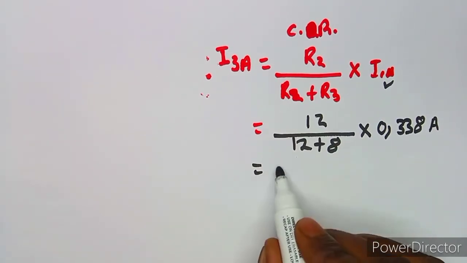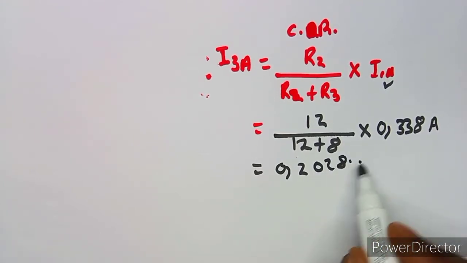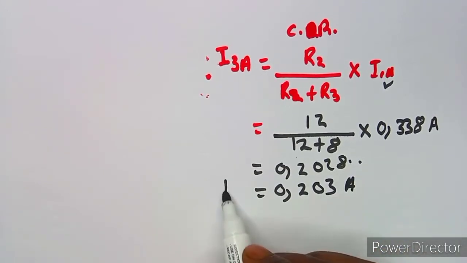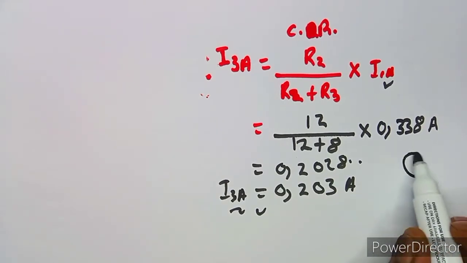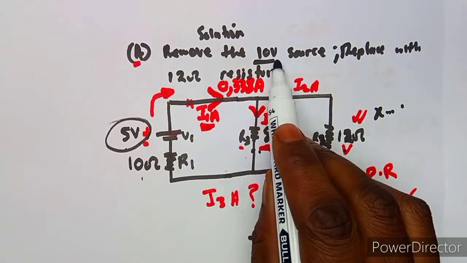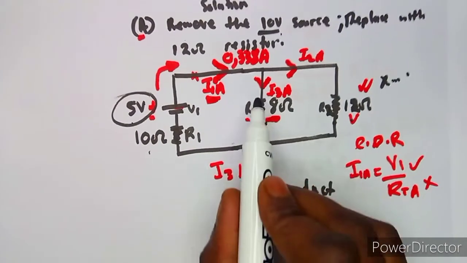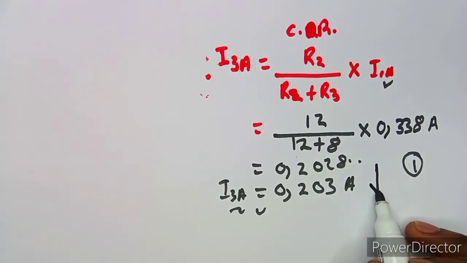Okay, so we're going to have 0.2028, something like that, which is 0.203 amps. Alright, so this is our I3A. So that is the first condition, when we had to remove the source, which is the 10-volt source. And we calculated the current, and take note also the flow of current is facing downwards. The direction of current, let's just put it this way so that we remember.